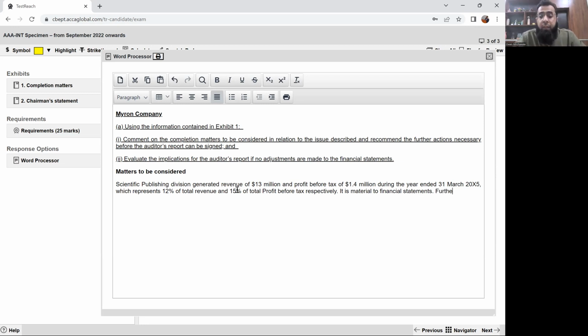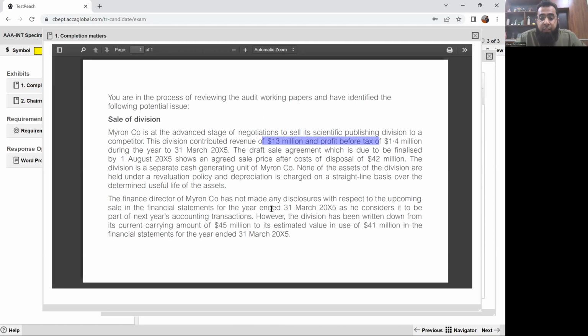Further, assets recognized in relation to the scientific publishing division: what is the value of the assets which is recognized? It has been written down to $41 million in the financial statements.